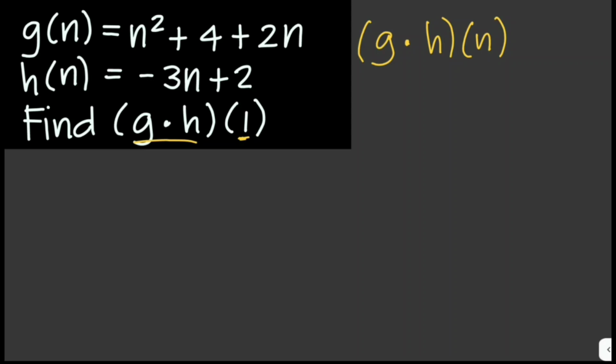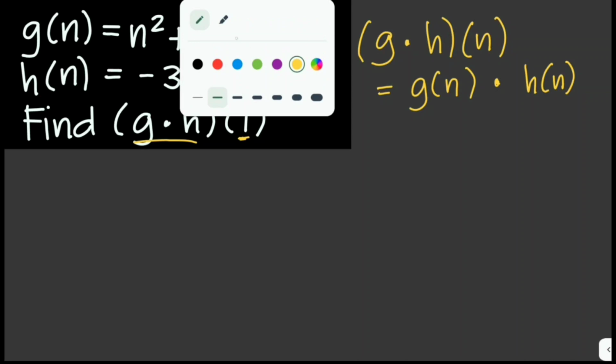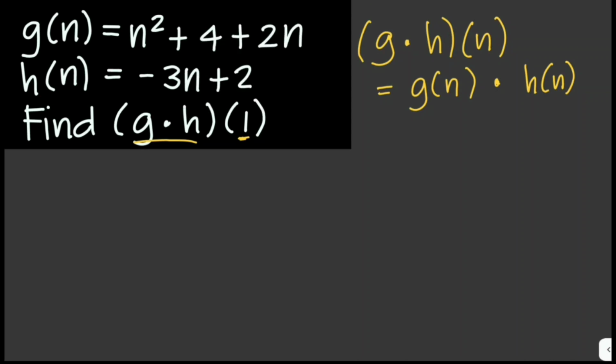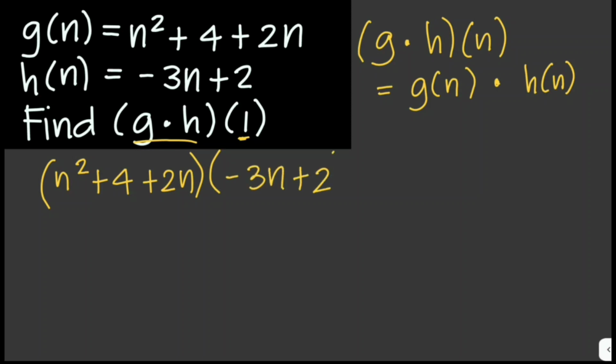So g times h of n is just equivalent to g of n times h of n. Then we plug in the values of the function. That would be n squared plus 4 plus 2n times negative 3n plus 2.